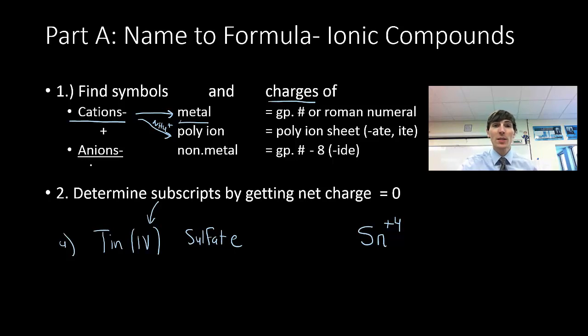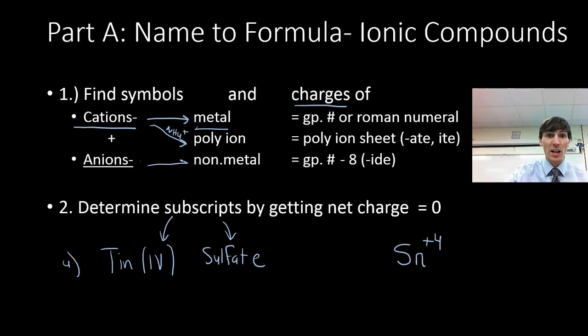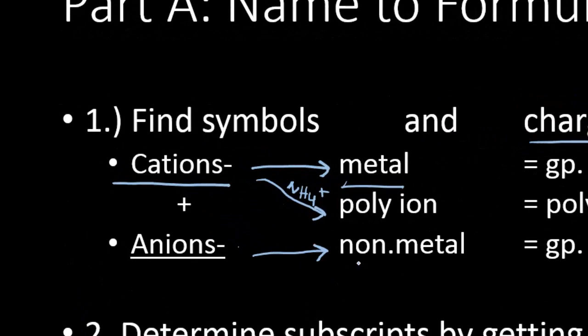Now we need to do the same exact thing for our anion, which is this other piece. The cation, the positive piece, is stuck to a negative piece, bonded together by an electrostatic interaction called an ionic bond. So I look at sulfate and figure out its symbol and charge. Either it's a single nonmetal element, which gains electrons, or it could be a polyatomic ion.